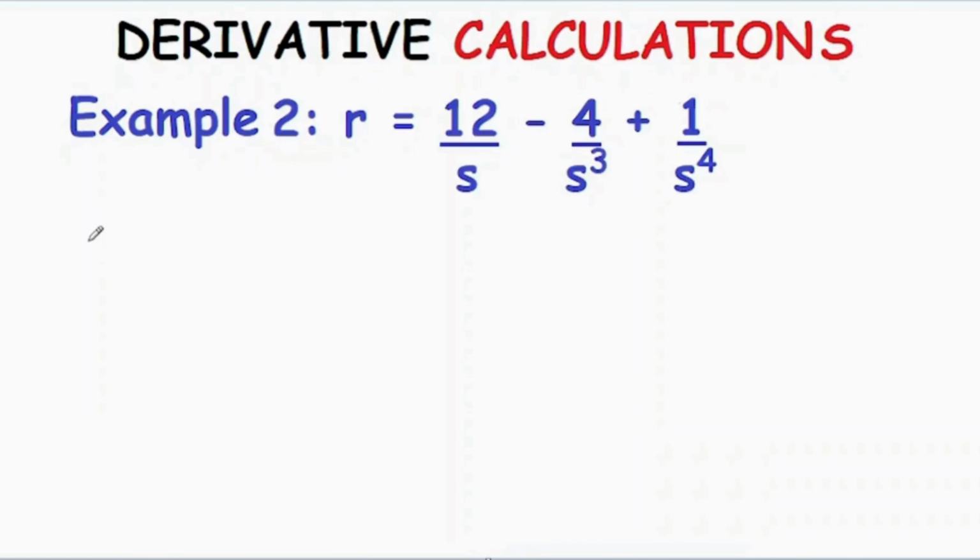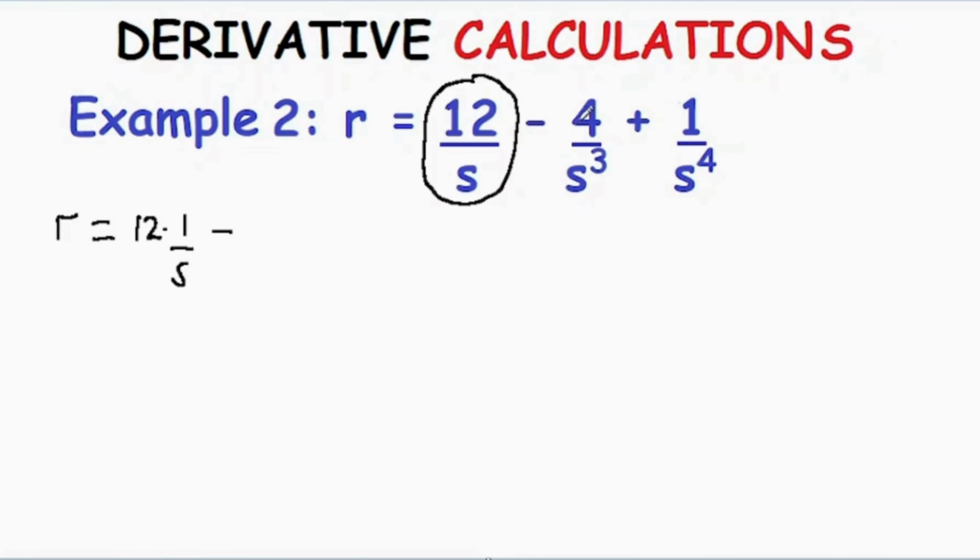Here's our second example where we're going to be differentiating r with respect to s. For the sake of convenience, it is advisable that we rewrite this question. So r is equal to, let's consider the first term, which is 12 divided by s. So this becomes 12 multiplied by 1 divided by s.